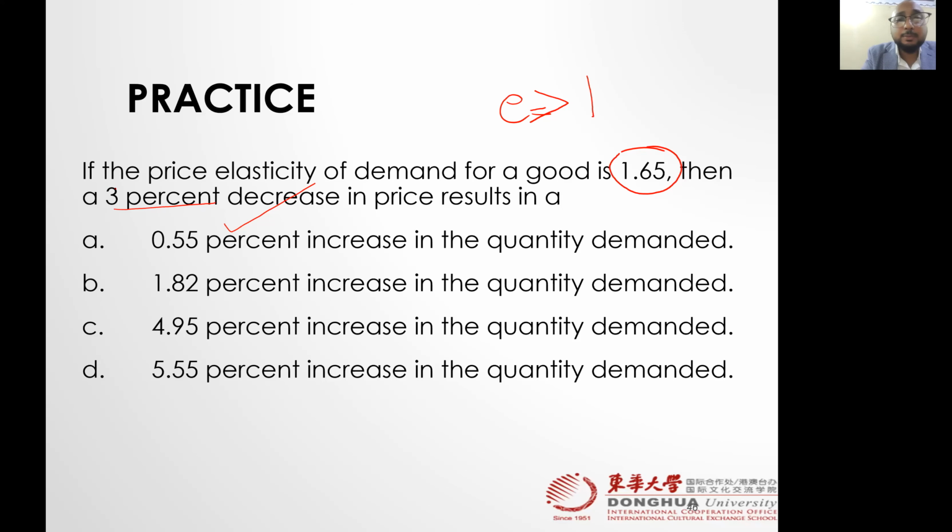So the quantity must increase by more than 3%. So the answer is going to be either C or D. Guys, use the logic as well. A can never be the answer.